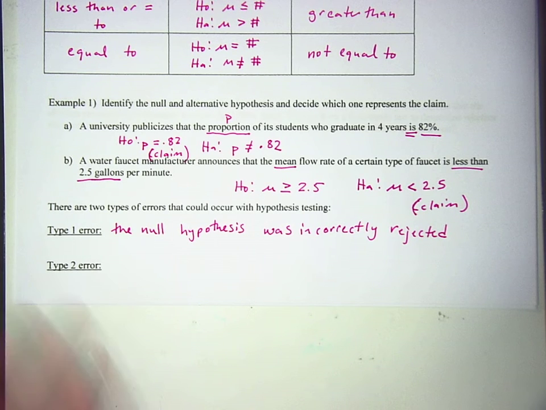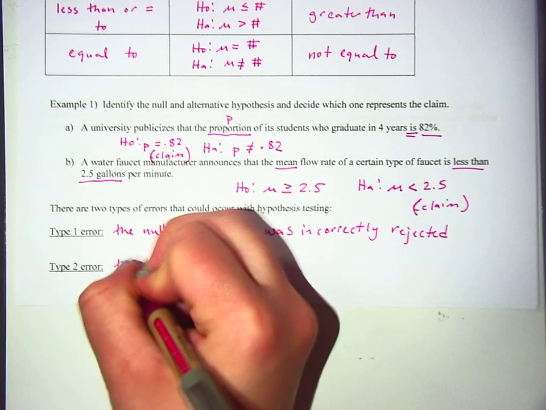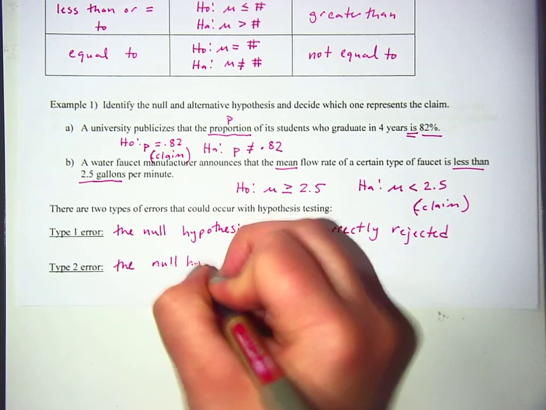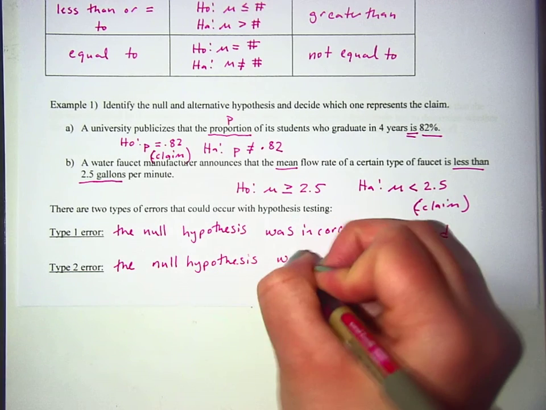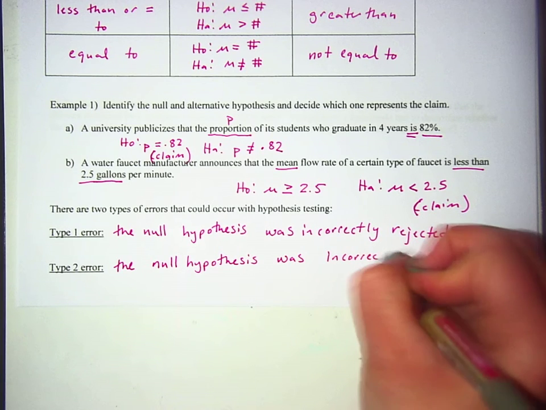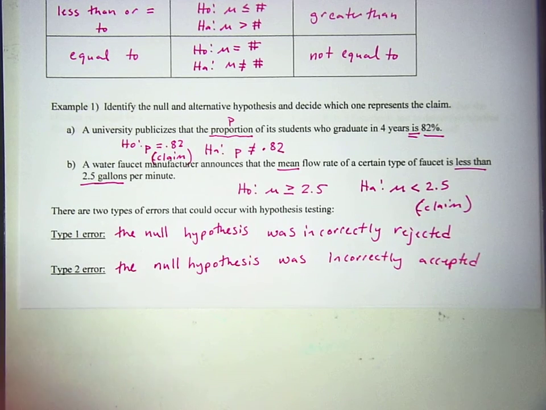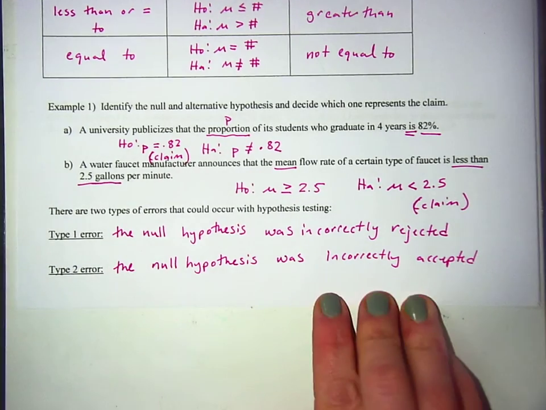So there's a null hypothesis and you say, nope, it's false, but the reason why you would say that is maybe because you got some weird data, where all of a sudden it turns out that it should have been true. And the other type of error is when the null hypothesis is incorrectly accepted. So if you say, yep, it's true, but actually it wasn't true, you just had a weird sample.